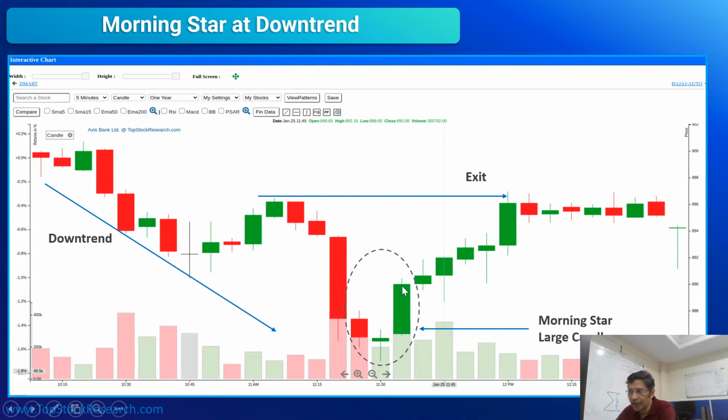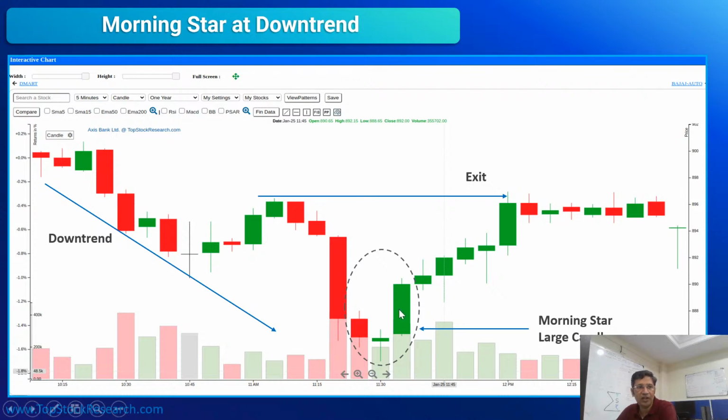This is where the pattern is formed, and if you are an aggressive trader, you might want to enter somewhere in the market looking at the volume. The advantage of volume is that you don't have to wait till the end of the day for the trading. Even at around 10 a.m., 11 a.m., you can see that the volume is much higher than the previous volumes, right?